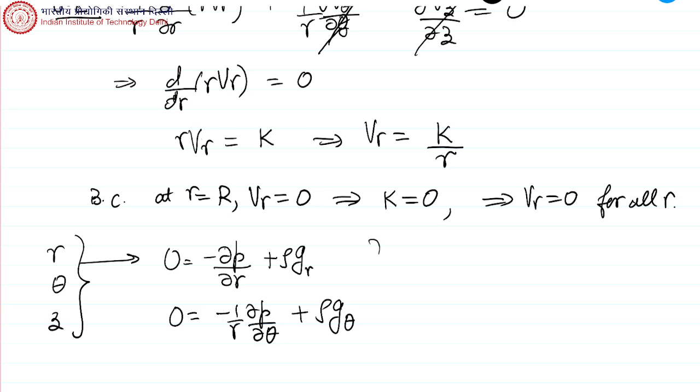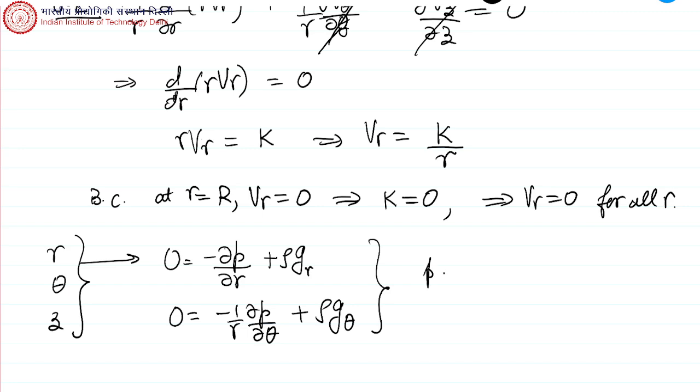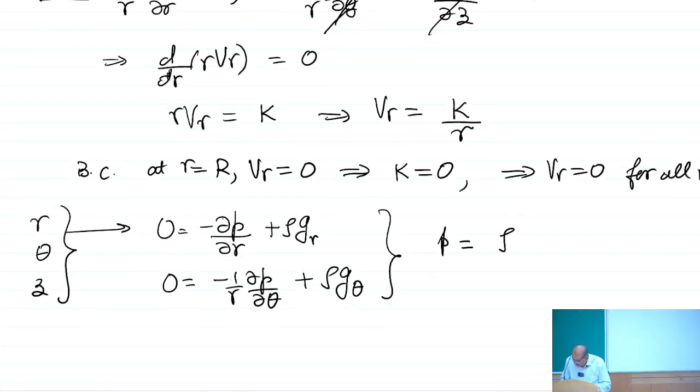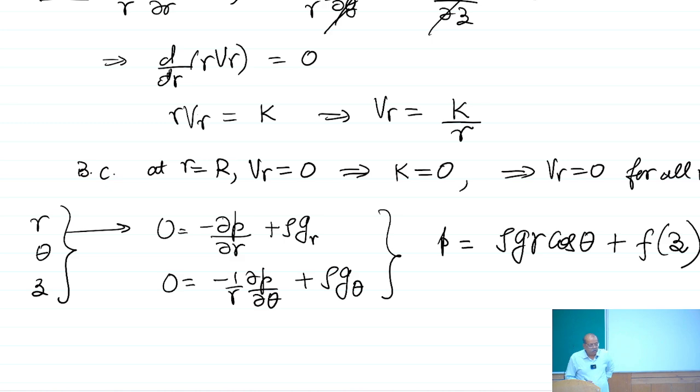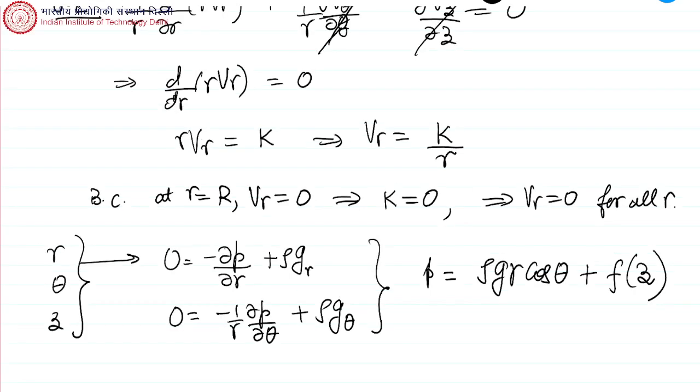And from here, when you work out, what you will get is pressure will turn out to be equal to, when you equate, you will get it in this form.